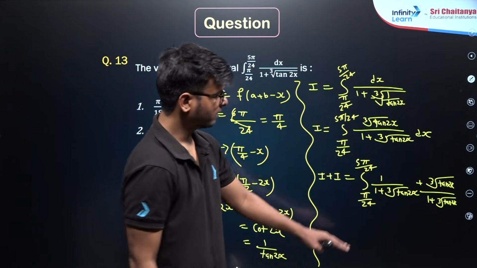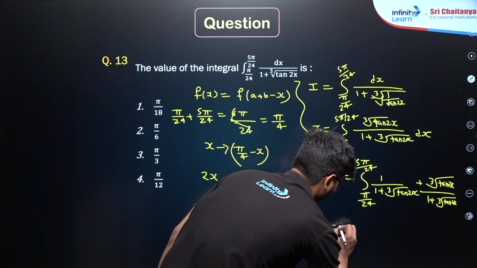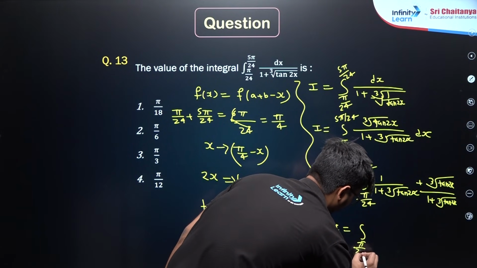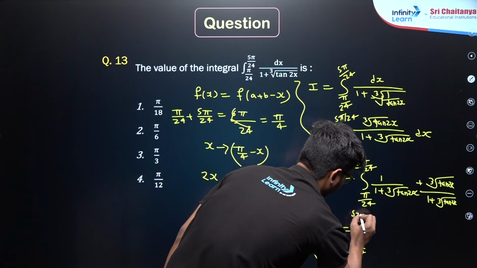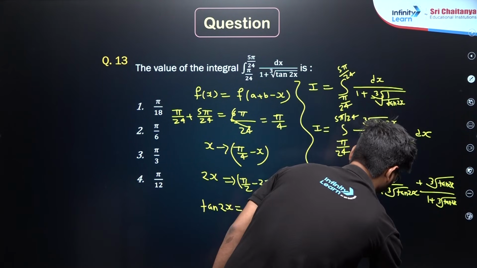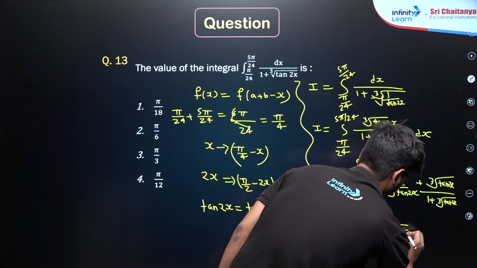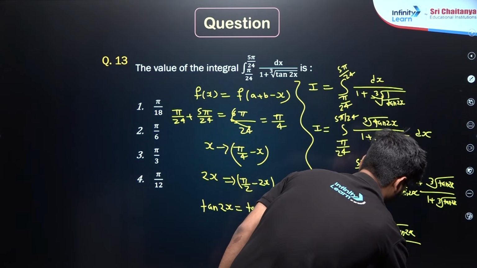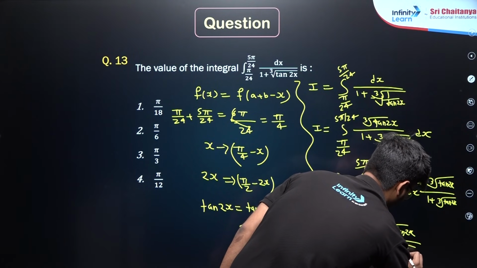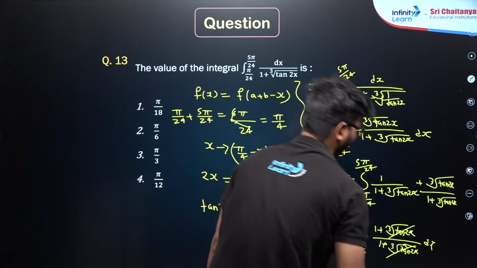Correct? If you observe, the denominators are the same, so I can add the numerators. So here I am going to get 2 times of I equals to integral from pi by 24 to 5 pi by 24 of 1 plus cube root of tan 2x upon 1 plus cube root of tan 2x dx. Both are going to be cancelled.